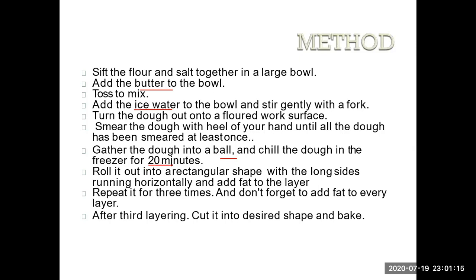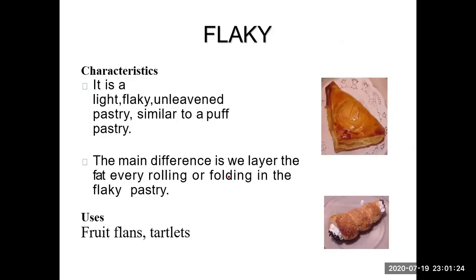After that, you can roll that dough and give it a rectangular shape. If we check the picture, you can give that shape or you can give that shape. Normally for flaky pastry we give these kinds of shapes. Most flaky pastries are like that.